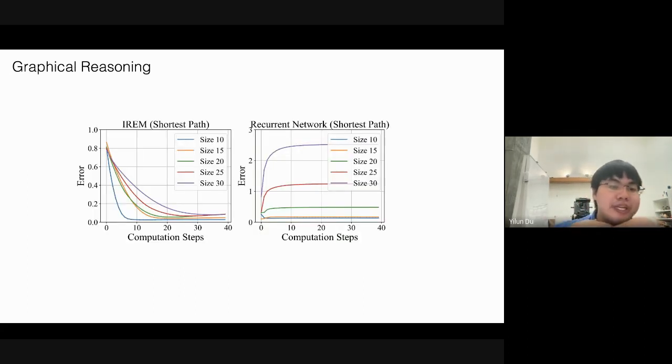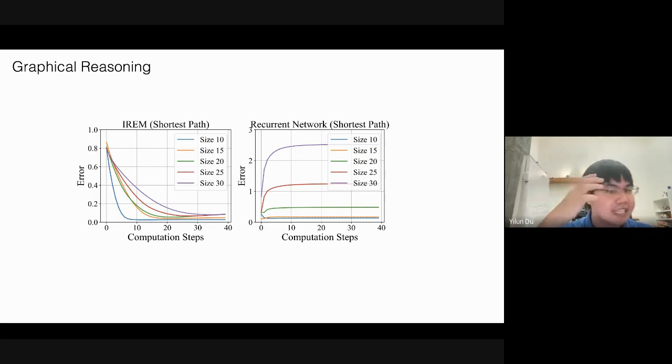And so we tried this operation on a variety of different algorithmic reasoning benchmarks. The first one we try it on is the shortest path computation. Our approach, REM, on the left, is compared with a recurrent network, as well as a bunch of other approaches in the paper I linked. Essentially, you train these models on size 10 graphs, so you learn how to compute the shortest path on size 10 graphs.